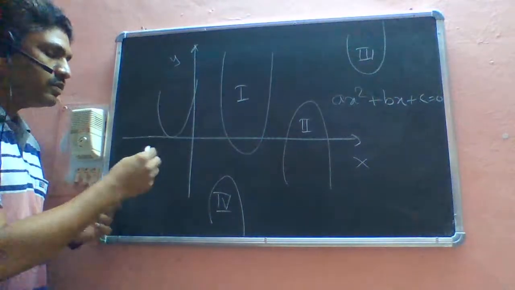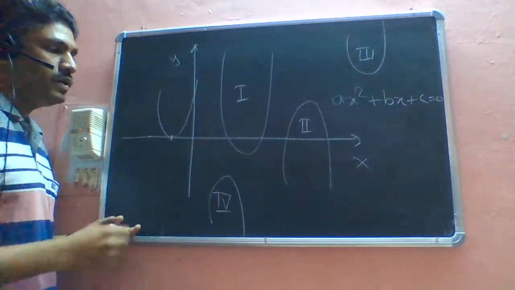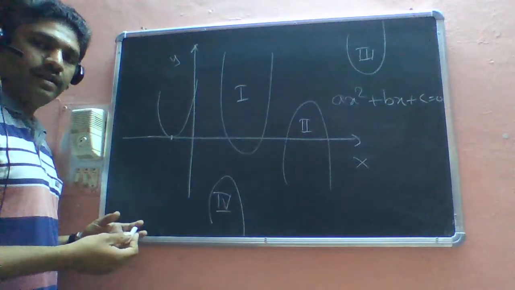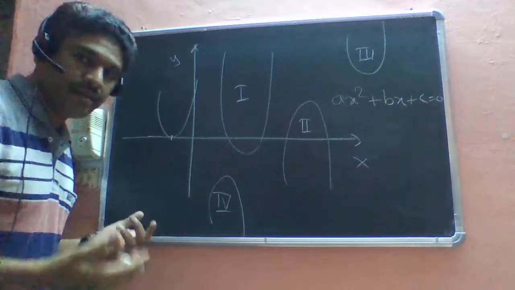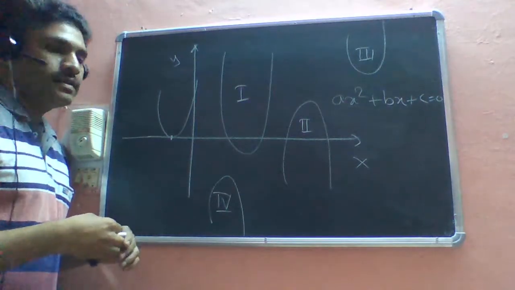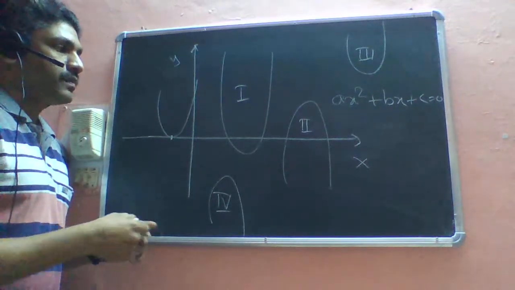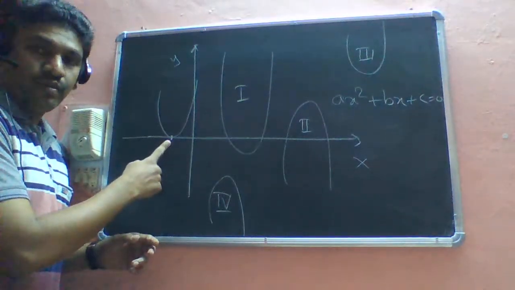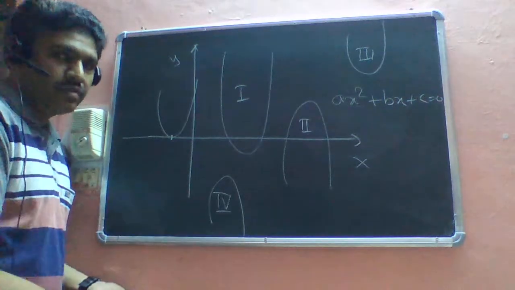It means that both the zeros are the same. There are two equal zeros, touching at only one point. So there are still two zeros, but they are coinciding. So I can say that the quadratic equation has at most two zeros. Either both are equal, or both are distinct, or there are no zeros at all.